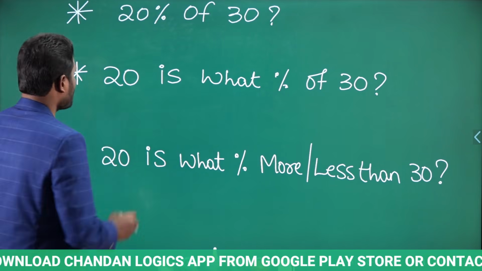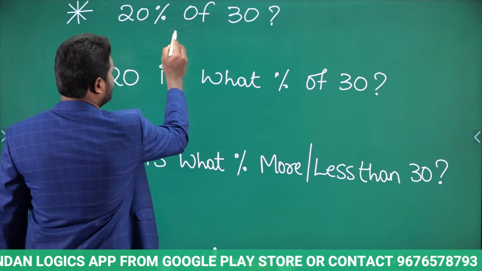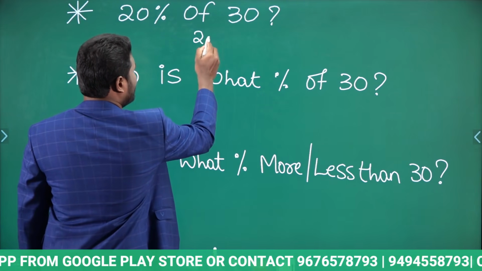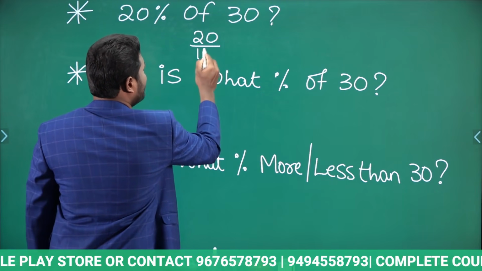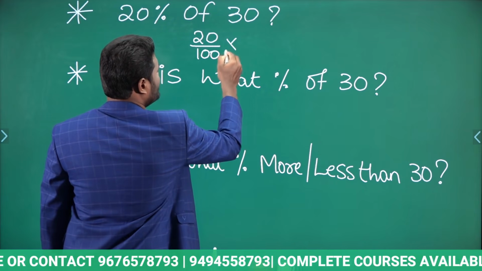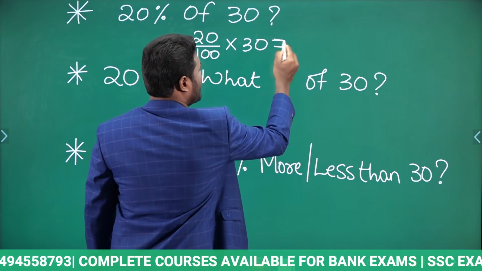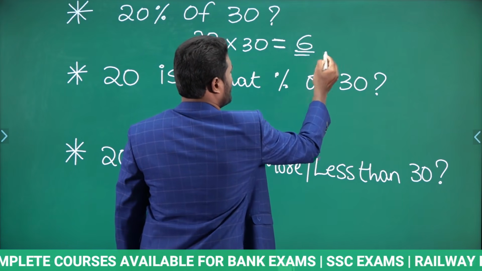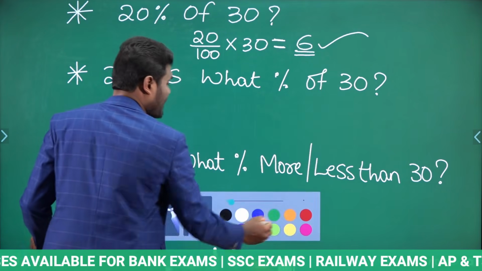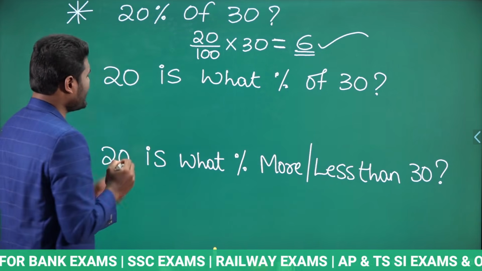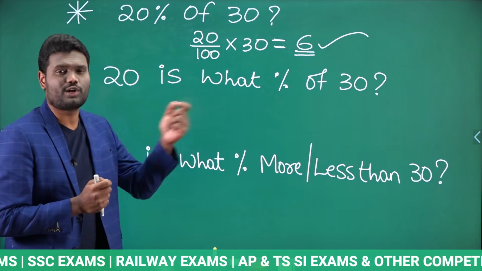Observe here carefully. When I ask you 20% of 30, how do you calculate this? 20% of 30 is nothing but 20 by 100 into 30. This is how you calculate it, and the answer is 6. But if I ask you 20 is what percent of 30?